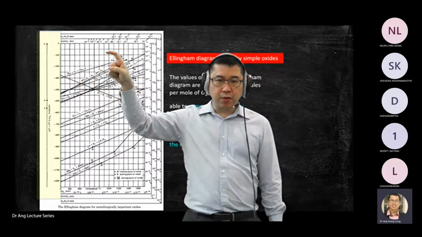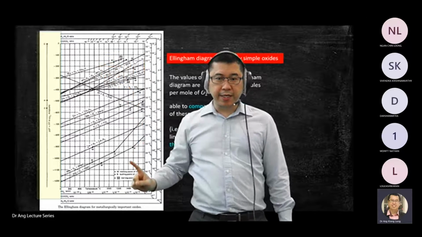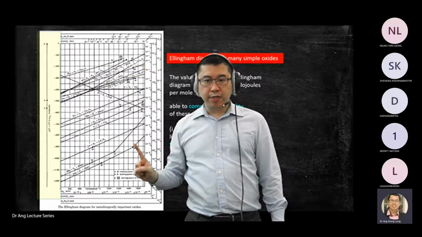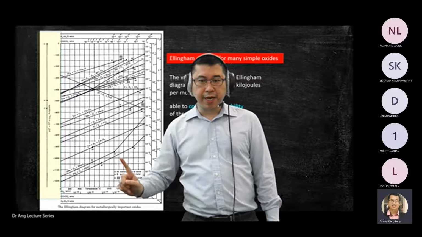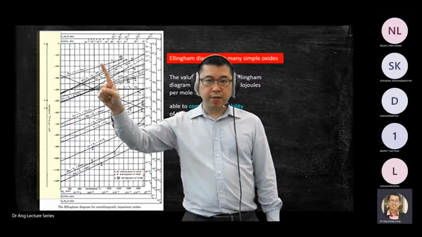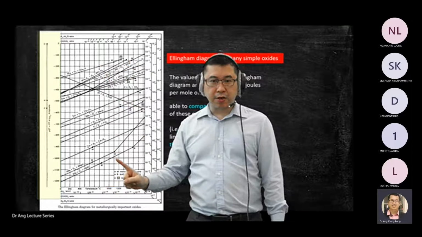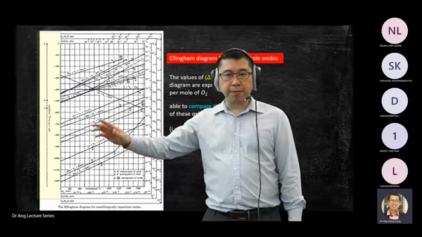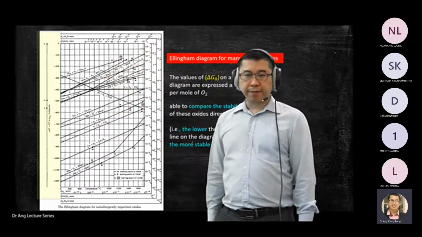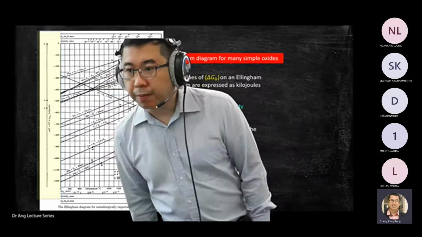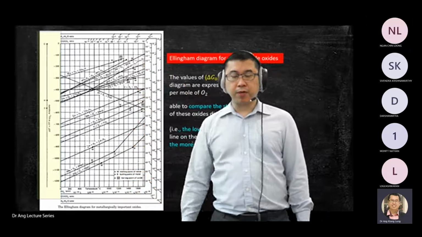If I compare this line and this line, the oxide that falls inside this line is more stable compared to this one. In fact, for the whole table, this oxide is the most stable compared to the rest of the oxides above it. You can look at this in more detail when you download the slides later on.